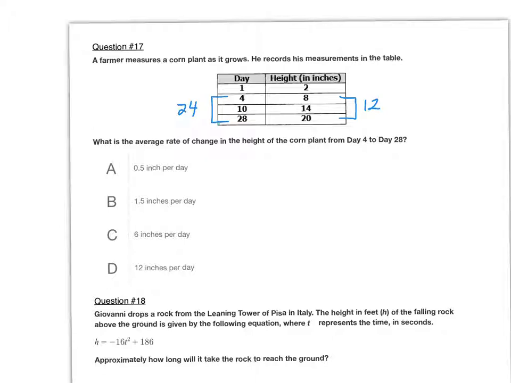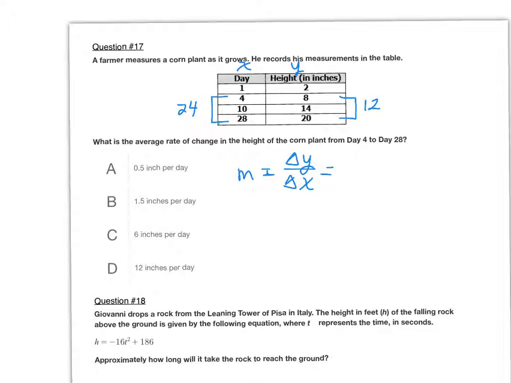So average rate of change, this is going to represent our x, and this is going to represent our y, because x is our independent variable, and we cannot slow down or speed up time, which is our days. So remember, for our slope, if it's rise over run, or change in y, because our difference in our y's, that would be our rise, and our difference in our x's.